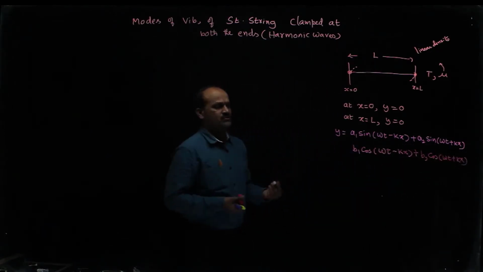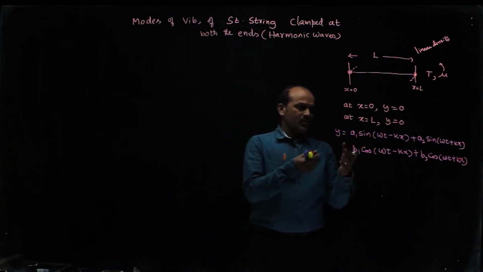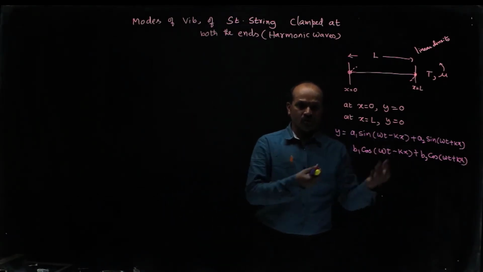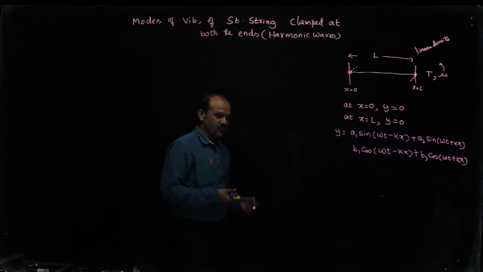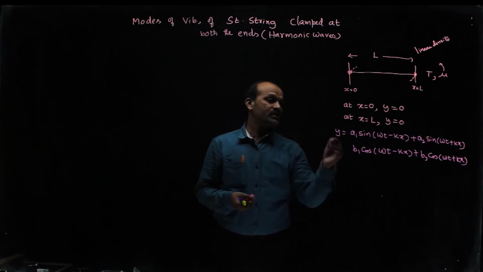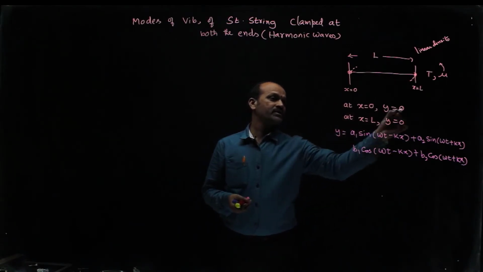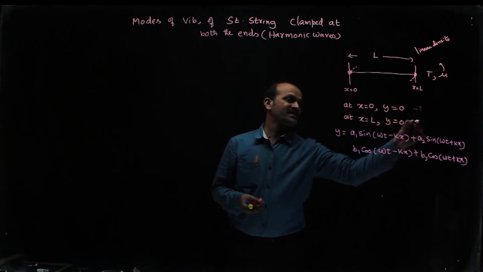A general solution may be like this, a combination of all harmonic functions, sine and cos. So initially let us apply the first boundary condition. This is the first boundary condition, this is the second boundary condition.